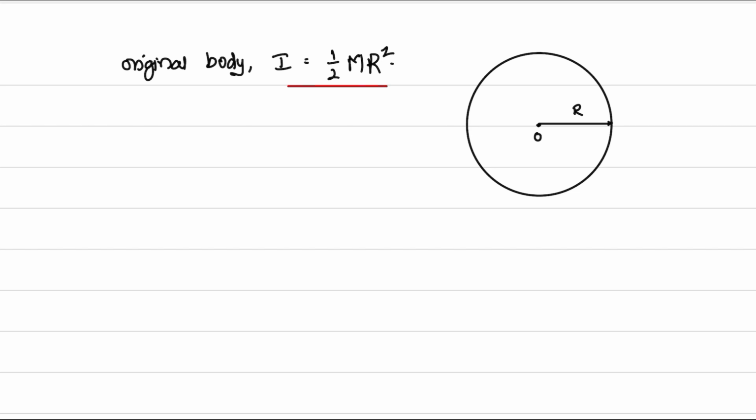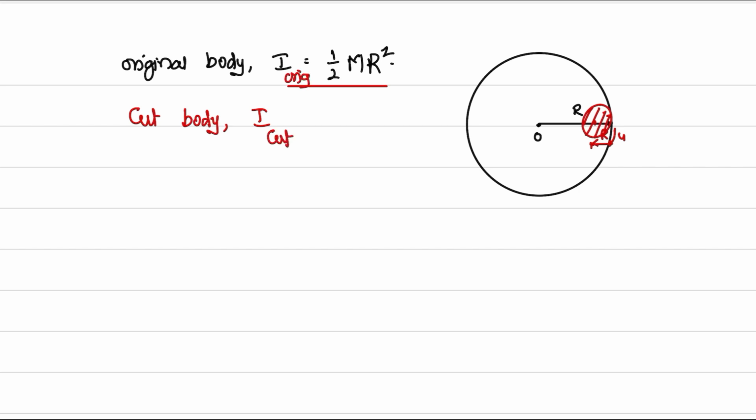Now, a portion of r by 4 is removed. This is the original body.